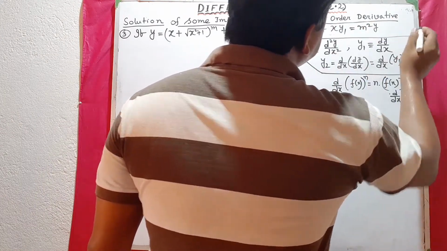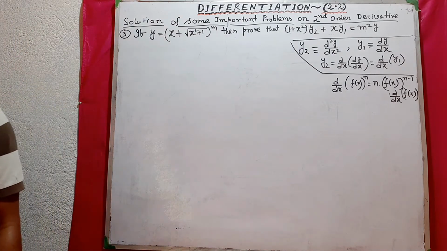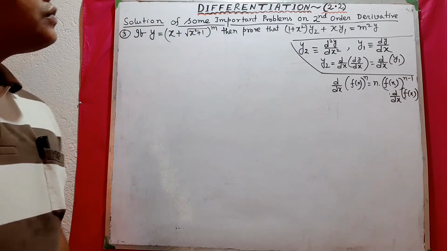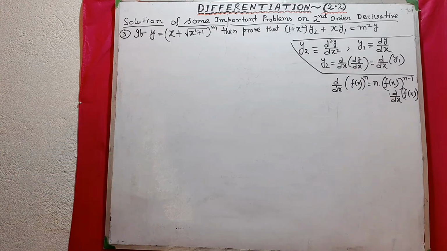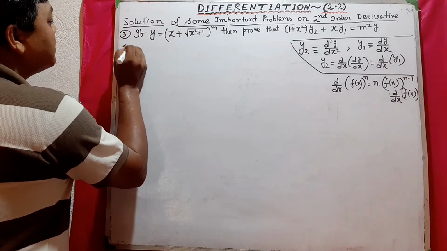So all the notation is the same: 1 plus x square y2 plus x into y1 equals m square y. How to prove it? Okay, so solution.